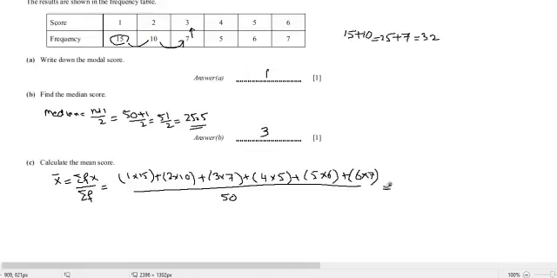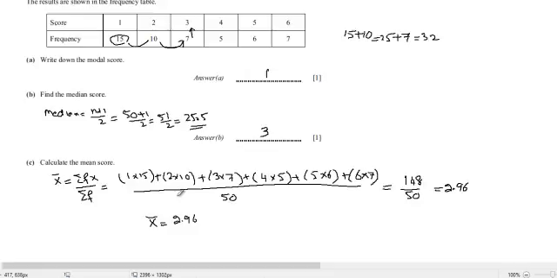So once you multiply them, you will get 148 divided by 50. So the resulting answer will be 2.96. So 2.96 is the mean for when you roll it 50 times, not 50 students, sorry, when you roll it 50 times.